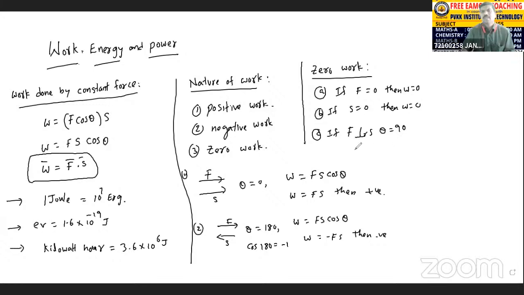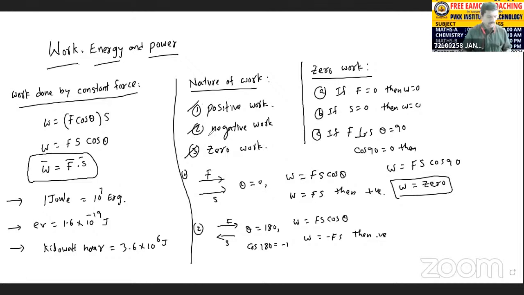Cos 90 value is 0. Then W is equal to Fs cos 90, so work is 0. These are the natures of work: positive work, negative work, and zero work.